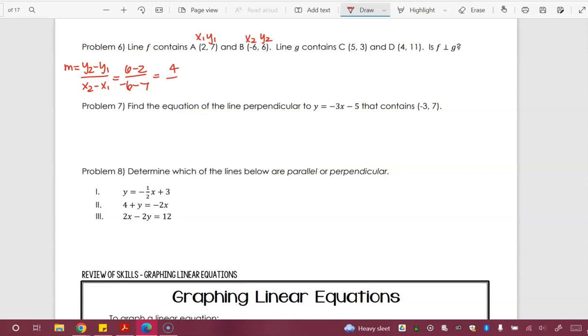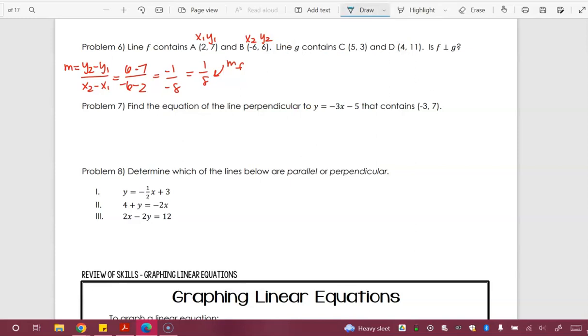Is that 7? Y2 minus Y1. I did 6 minus 7. Oh, 6 minus 7 over -6 minus 2. I get -1 over -8. So my slope is 1/8 for F.